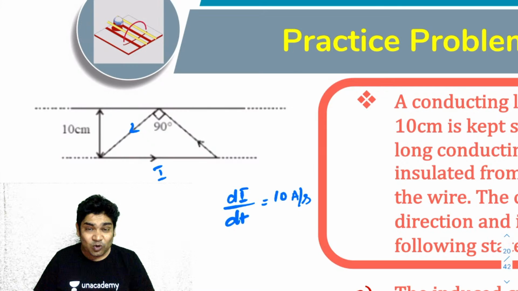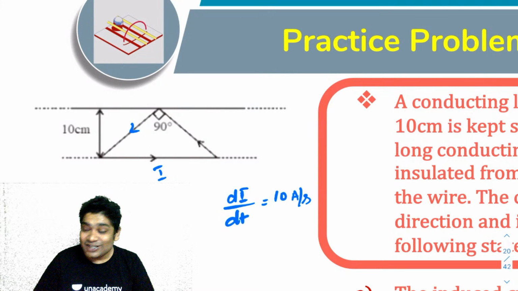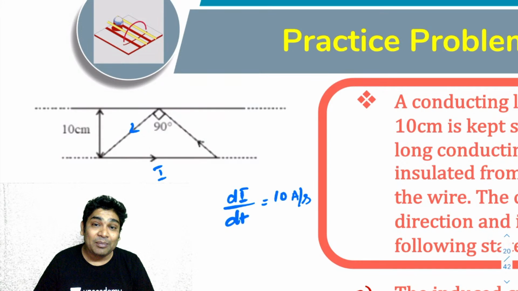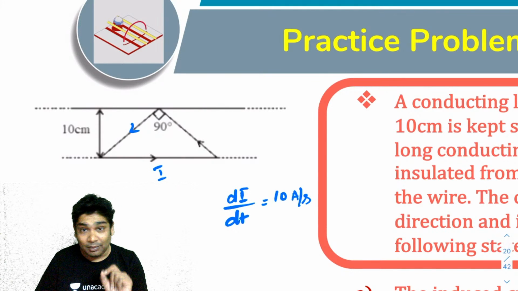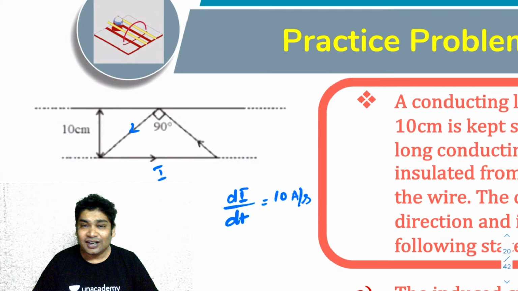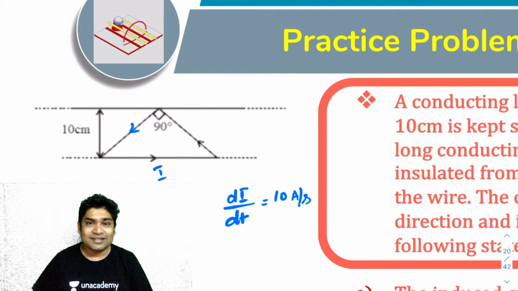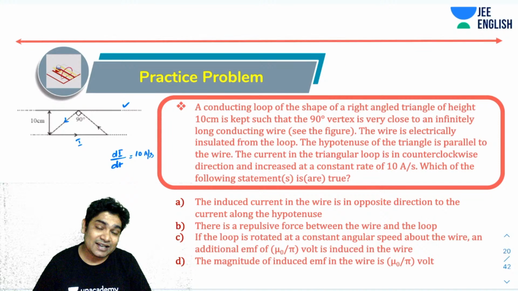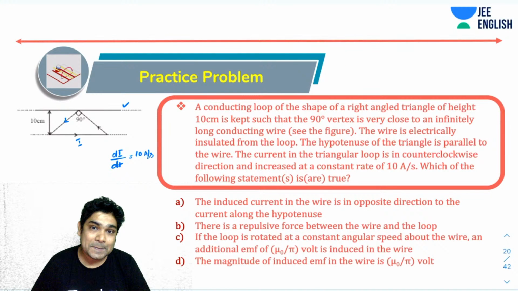Now, think about what effect this current will have. So this loop would have produced some magnetic field, right? That magnetic field would have had some flux linked to this wire. Now, let's have a quick question. So this is an open wire. If this is an open wire, can I say that there is some flux linked with the wire?